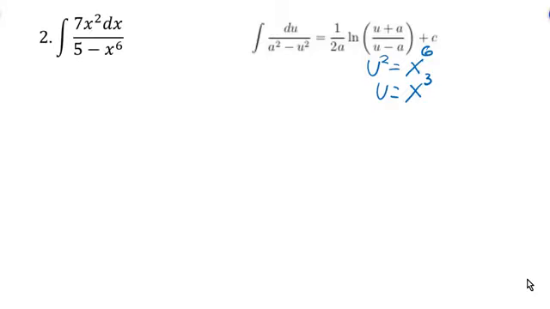So we know that this is useful. Now let's figure out what is the derivative of u. So this is going to be, we pass down the 3 and we get 3x squared dx.